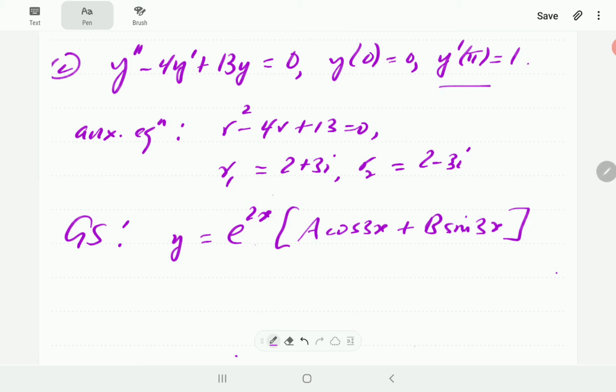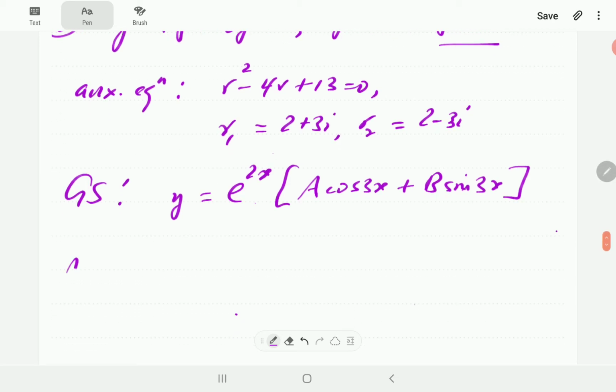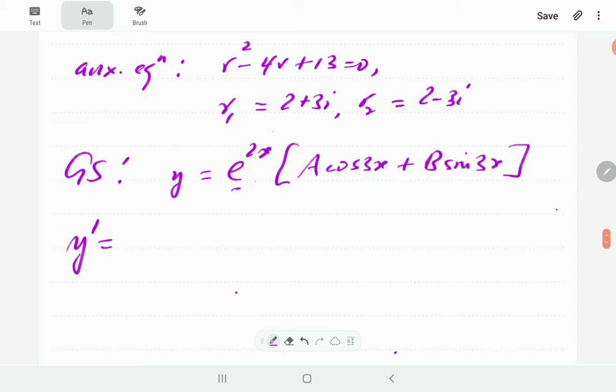Okay, for the boundary conditions, we're going to need the derivative of y. So if we differentiate this using the product rule, if we just differentiate the exponential function, it's going to be this times 2. So 2a cosine 3x plus 2b sine 3x.